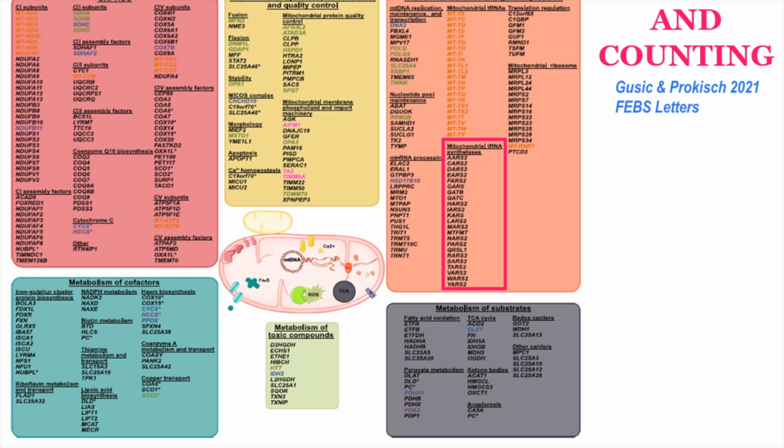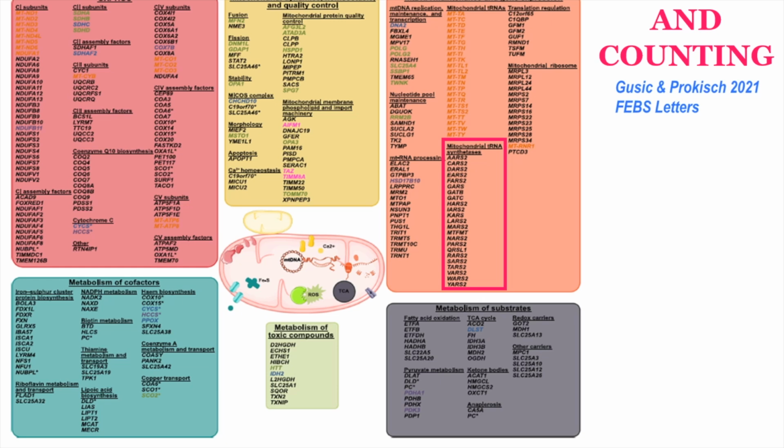And again, all of the oxidative phosphorylation or electron transport genes, they have the complex subunits and assembly factors, and all of them are a combination of mitochondrial encoded genes as well as nuclear genes, except for complex 2, which is all nuclear encoded. The next category is mitochondrial dynamics, homeostasis, and quality control.